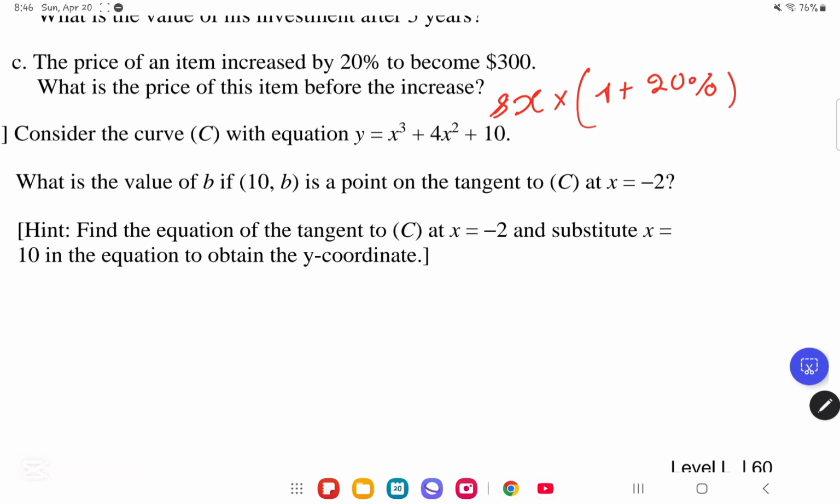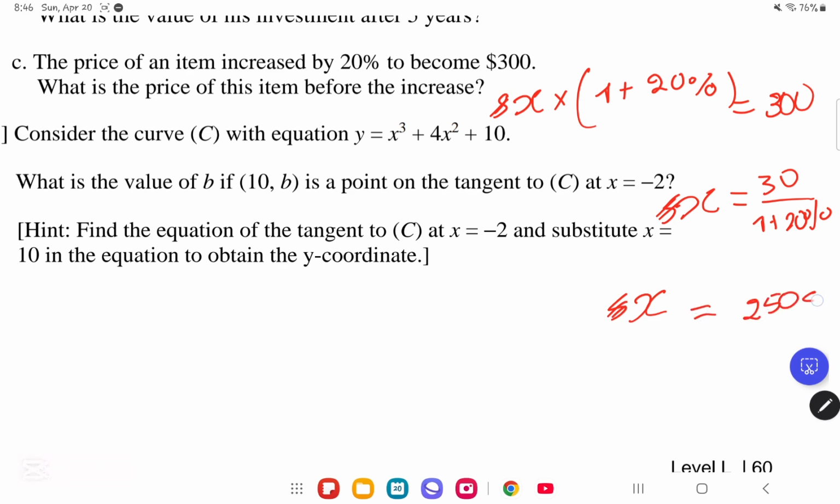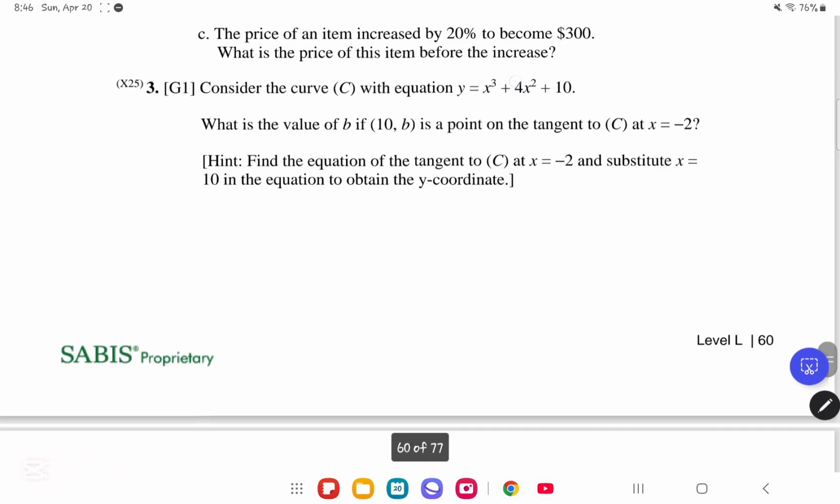So the initial amount X times 1 plus 20% gives us the final value, which is $300. So X is equal to 300 over 1 plus 20%. Put it on your calculator and you will get that X is equal to $250. So that is it for question number 2.